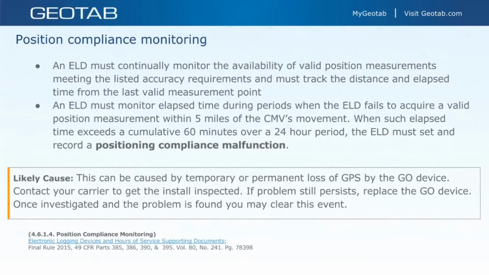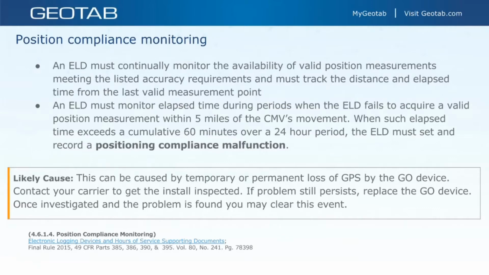We have position compliance monitoring. And this is related to making sure that the GPS signal is valid and that we have all of the position data that we need. What we're looking for is a position measurement within 5 miles of the CMV's movement.